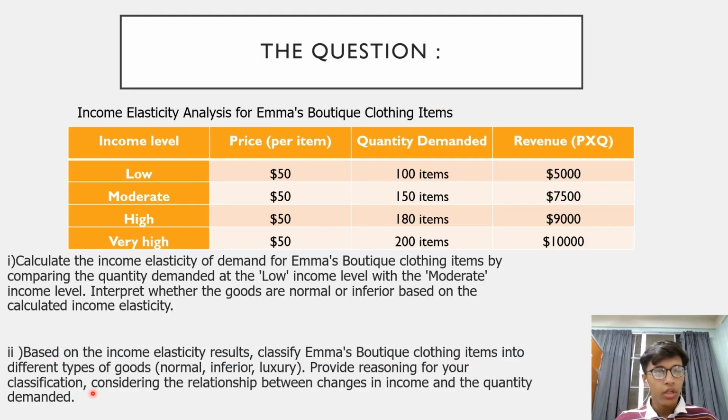For the next question, it wants us, based on the income elasticity result, to classify Emma Beauty's clothing items into different types of goods: normal, inferior, or luxury.